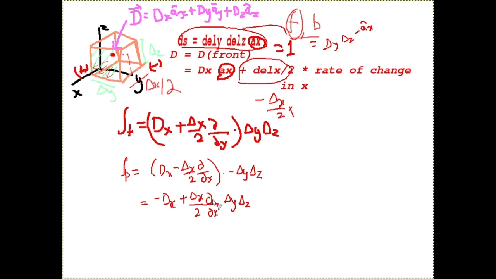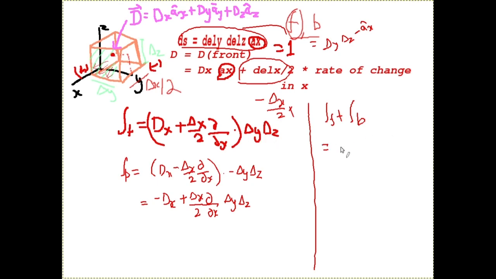So when I add these two things, the front surface integral plus the back surface integral, my Dx term and -Dx term will get cancelled, so I will end up with delta x ∂Dx/∂x into delta y and delta z.